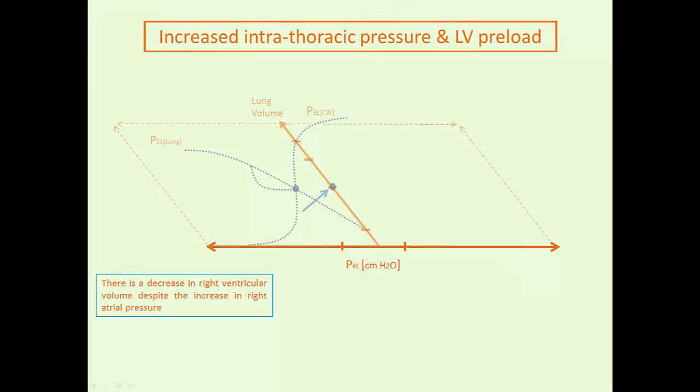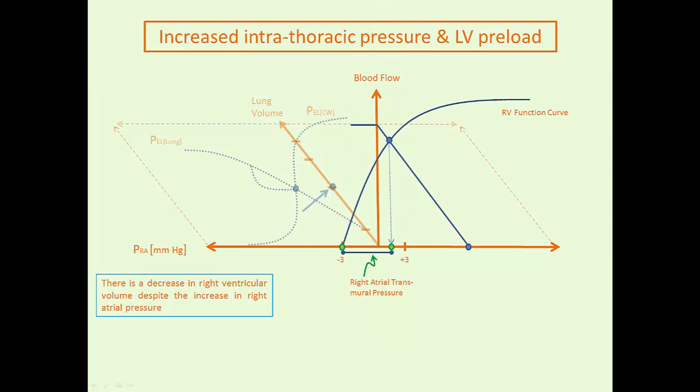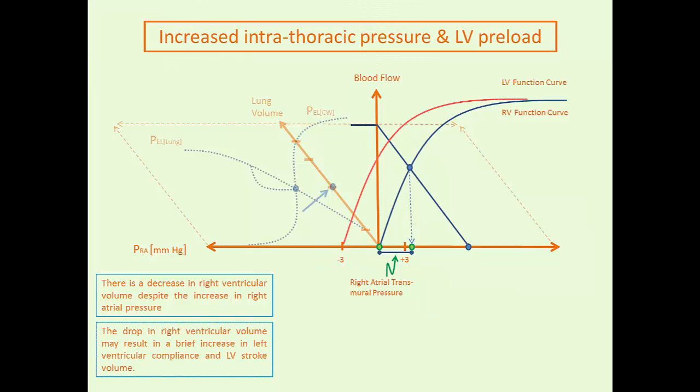There's an immediate decrease in right ventricular volume, despite an increase in right atrial pressure, as I'll demonstrate. As you can see, transmural pressure has shrunk, therefore the volume of the right atrium and right ventricle will tend to shrink. Output is diminished. Okay, well, let's superimpose the left ventricular cardiac function curve and see what happens.